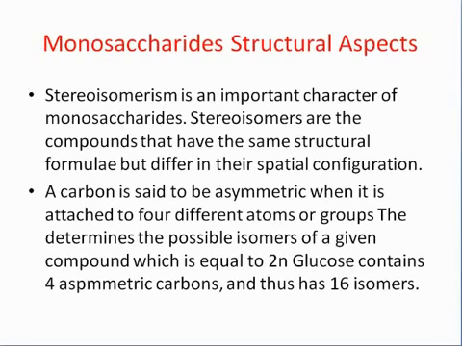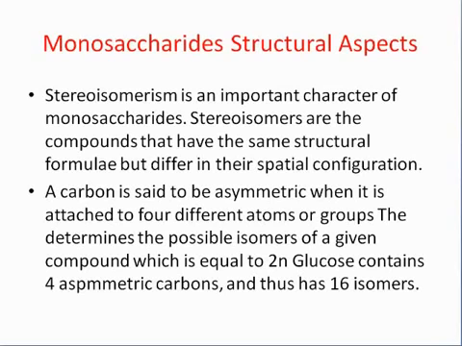And fructose, if you see, has a ketone, that's why it is known as a ketohexose. So what is the difference between glucose and fructose here? Glucose is an aldohexose and fructose is a ketohexose. That is a very important point to note. That's why it is very important to know about stereoisomerism.